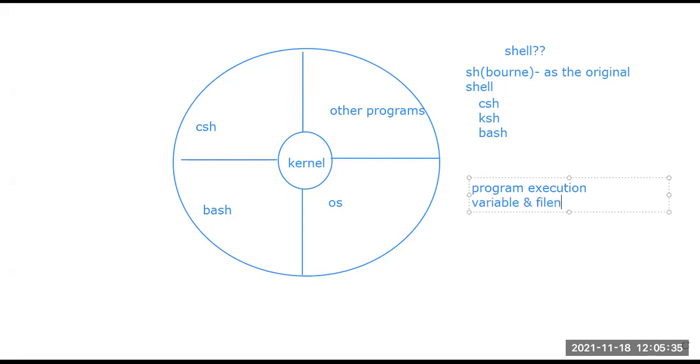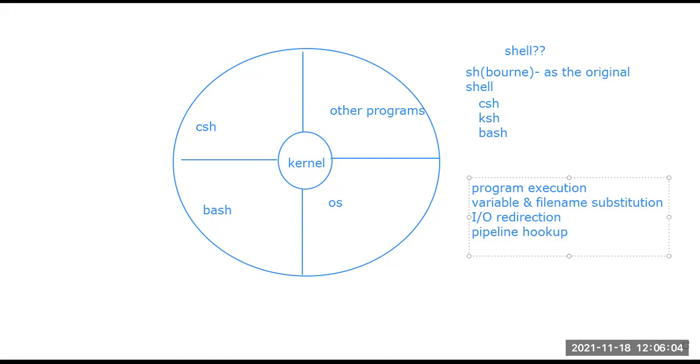The third one is input output redirection. The fourth one is pipeline hookup.